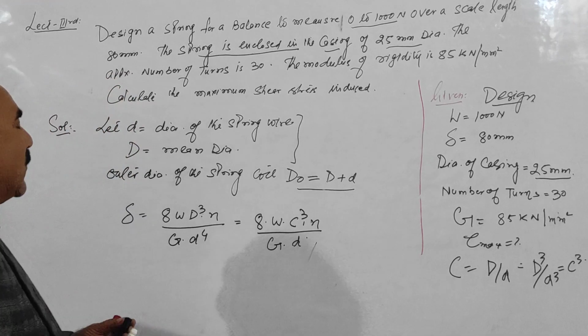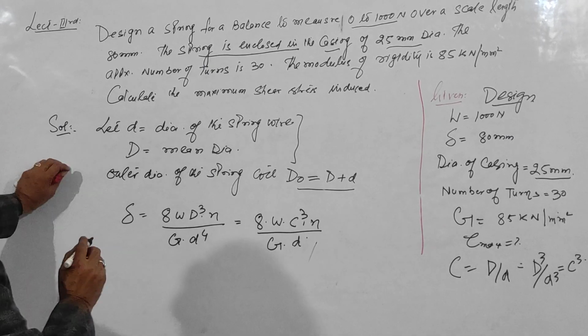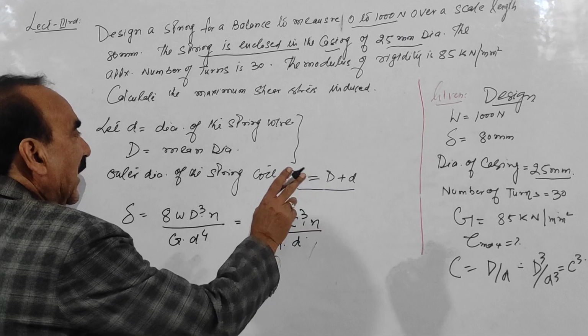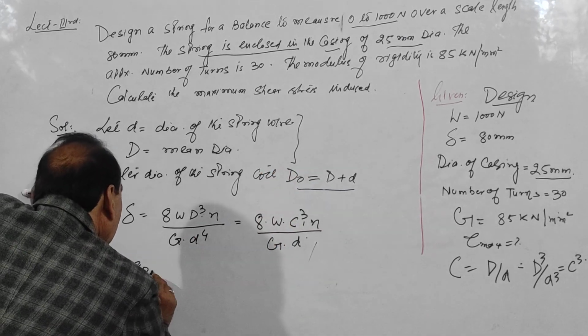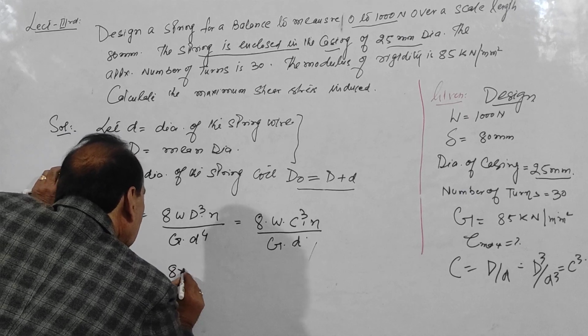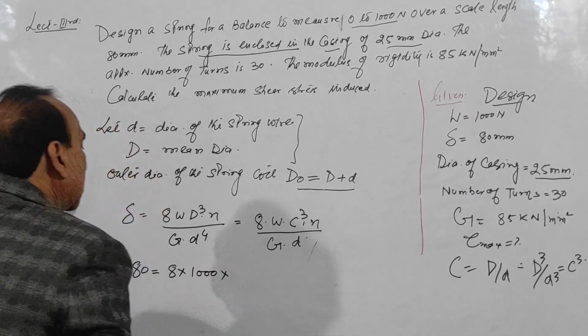Now substitute all the values here, right? तो आप क्या करें, values substitute करें, so delta is how much, delta is given to you 80 mm, so you can say 80 into 8, W you will take 1000, right?